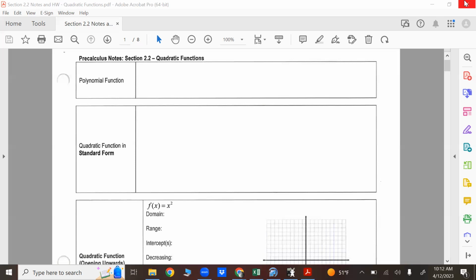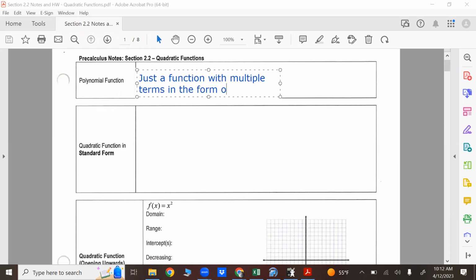Okay, anyway, let's talk about polynomial functions and quadratic functions. A polynomial function, really simple, is just a function with multiple terms in the form a times x raised to the n power.